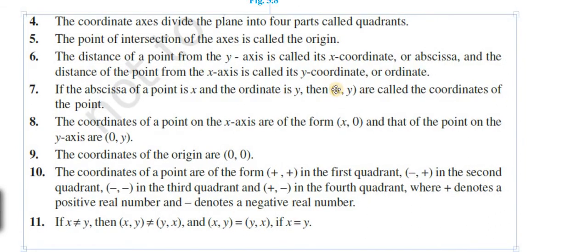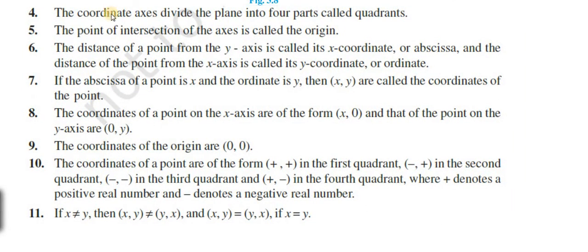Here the coordinate axes divide the plane into four parts called quadrants. Write it once again, and don't give the point numbers, just write the points. The coordinate axes divide the plane into four parts called quadrants.